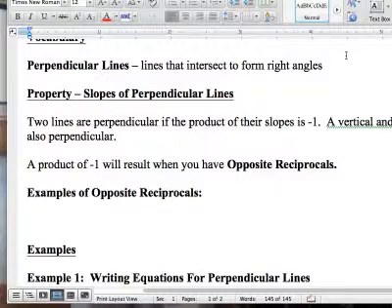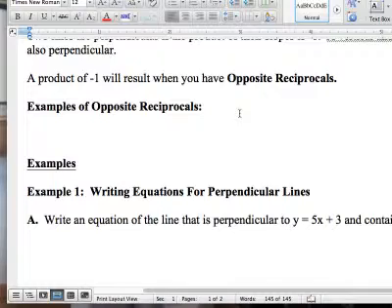Now, something that happens when you have a product of -1, opposite reciprocals will give you a product of -1. It just helps to show you an example of what I mean by opposite reciprocal. Let's say we have a line that has a slope of 1/2.